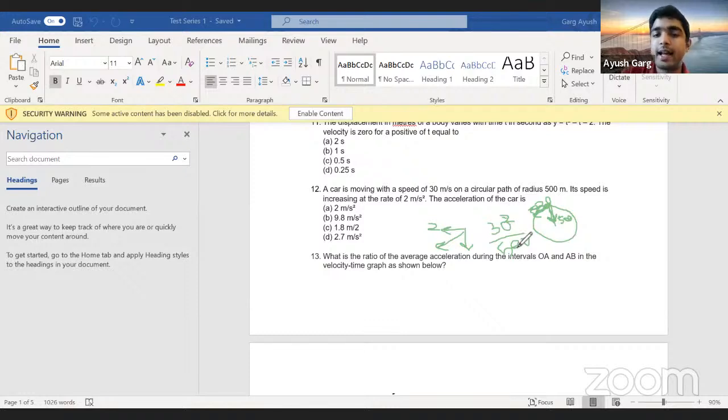Two zeros will get cancelled. It's going to become 900 upon 500 basically, which becomes 9 upon 5. 9 upon 5 is your centripetal acceleration. 9 upon 5 is nothing but 1.8, right?